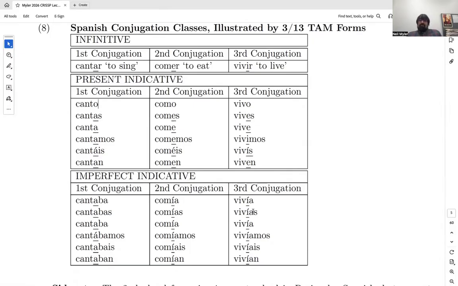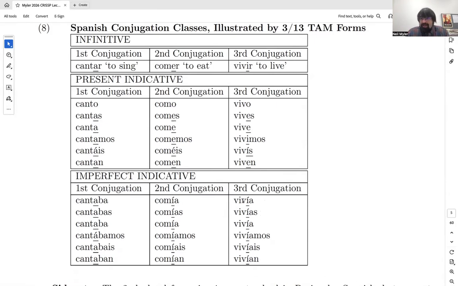This merger that goes in the other way in the imperfect indicative, I'm going to claim is morphological in nature, morphosyntactic, really. Basically, what this is going to involve is a morphosyntactic merger. What would you call it? A neutralization. So it's a morphological neutralization of the two conjugation classes.